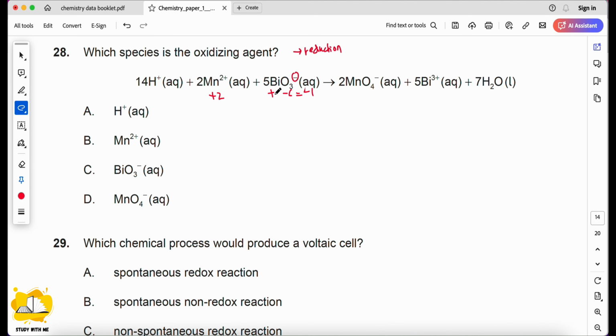So Bi will be +5, and this will equal -1. So O4 is -8, because -2 times 4. So this will be +7, and this will be +3. So Bi goes from +5 to +3, reducing the number. So it's reduction, therefore it is the oxidizing agent.